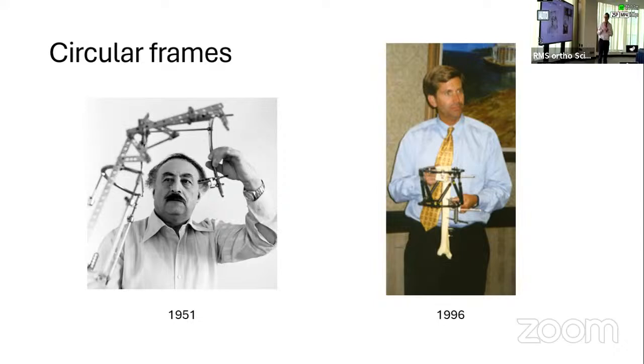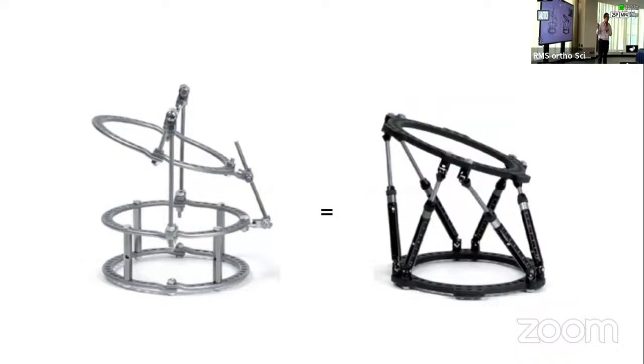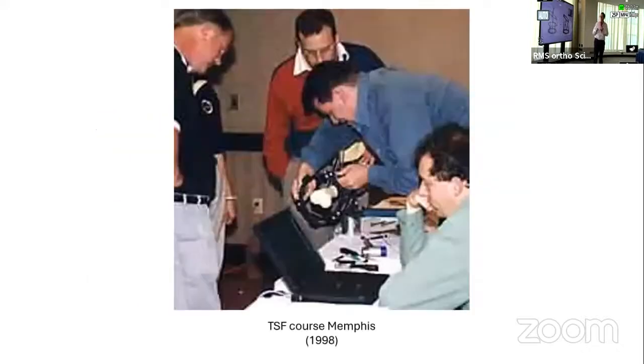They do the same thing, but the difference is that with the Ilizarov you have actual hinges which you've made, whereas with the TSF the hinges are virtual hinges. They're not real, but they're doing the same job. This is me again, more hair, doing a TSF course in Memphis with Taylor, looking elderly with a laptop, but nothing changes.